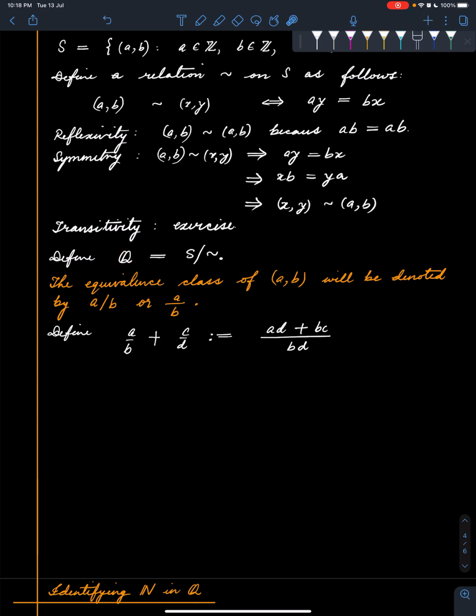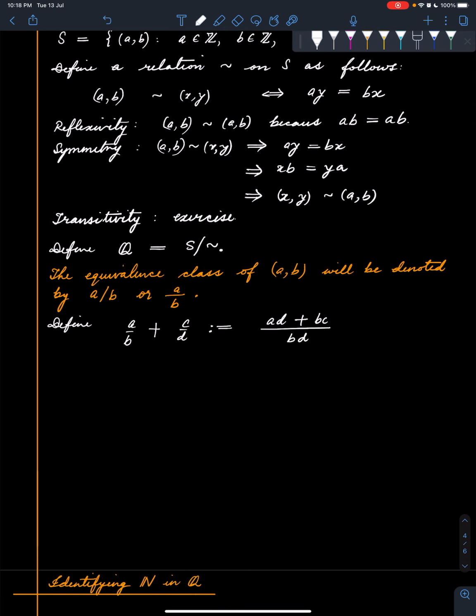Now there is already a problem here, because when we define anything by equivalence classes, we need to see that it is actually well defined, because if we choose a different representative of the same equivalence class, then we need to check that the right hand side is indeed the same thing.